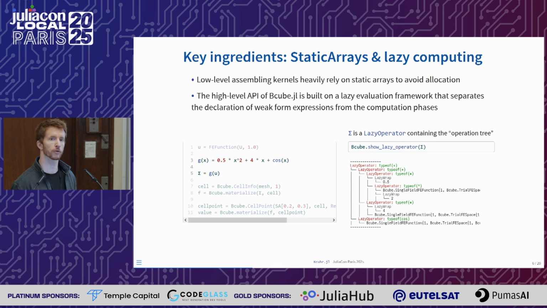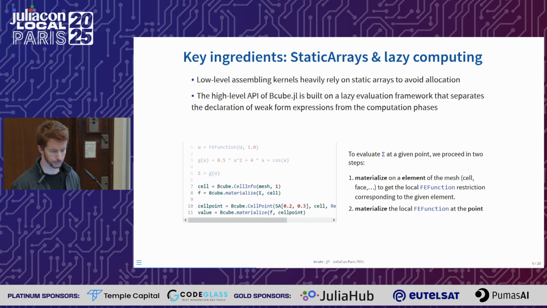And if you want to get the value of g of u at a specific point, so basically what we do inside Bcube, we have to materialize this lazy operator twice, first on an element of the mesh and then on the point inside the element to get the value. So this materialization process is actually a tree traversal.